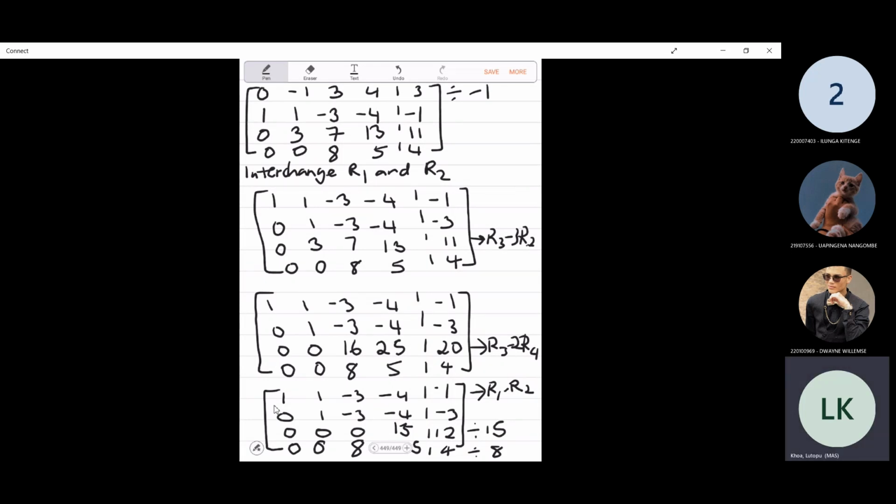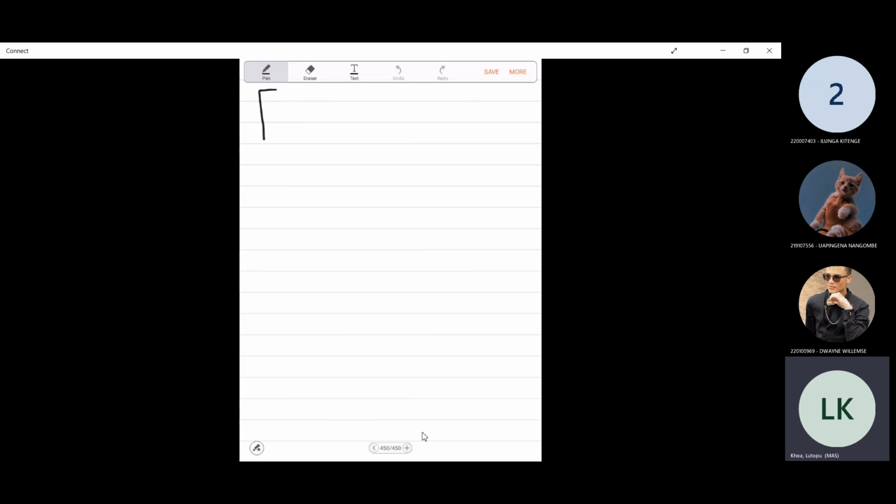So for the first one, when we say row 1 minus row 2, we'll have 1, 0, 0, 0, and then 1 minus negative 3 is 2. So we have 1, 0, 0, 0, and then 2.